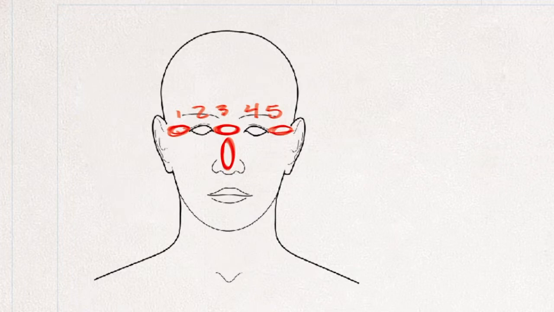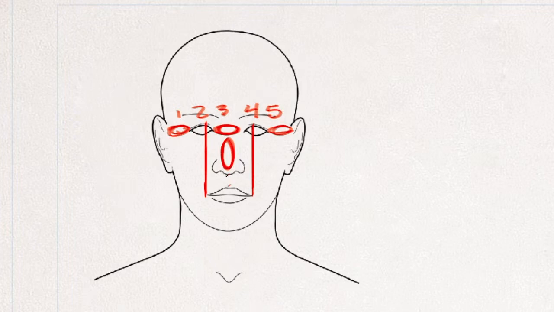And for the size of your mouth, the corners of your mouth are going to roughly line up with the center of your eyes. So when you're trying to figure out proportions, this is just basic stuff.